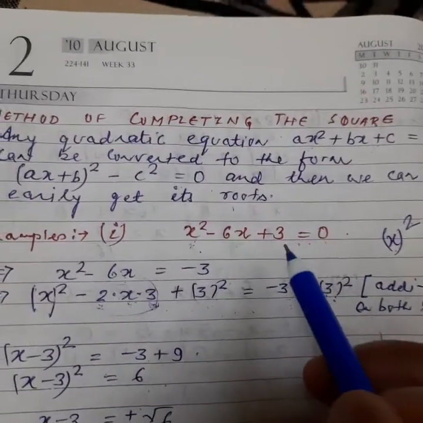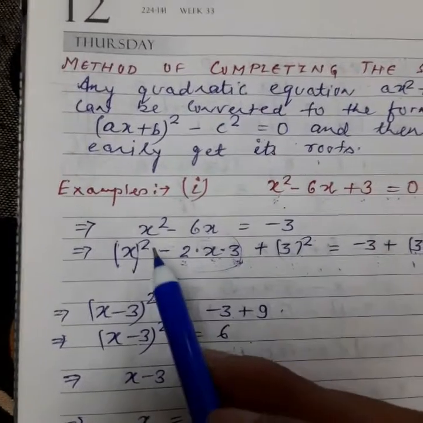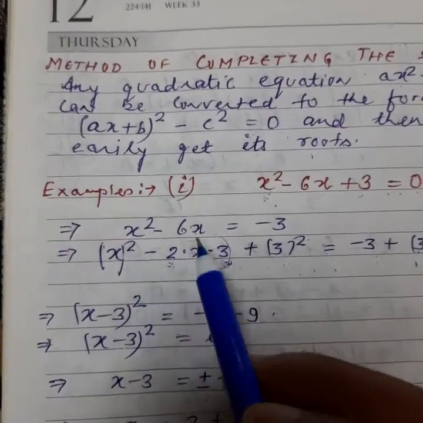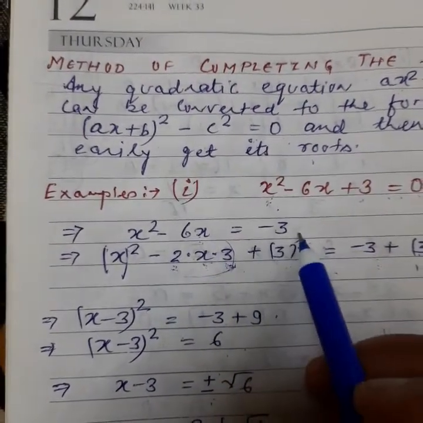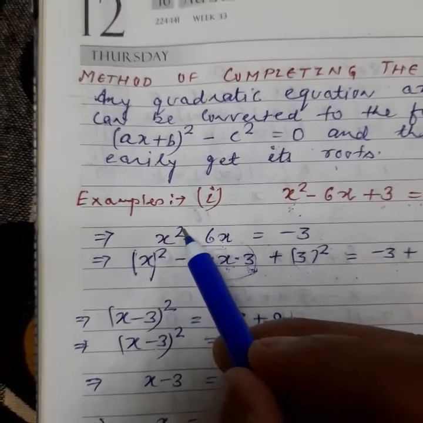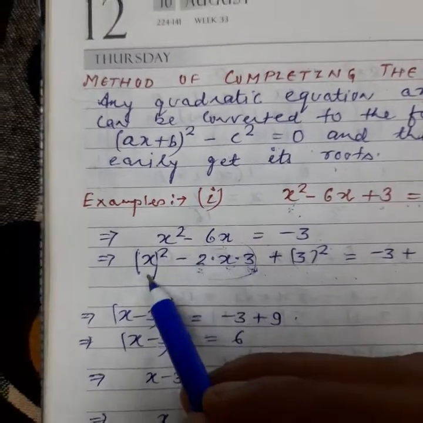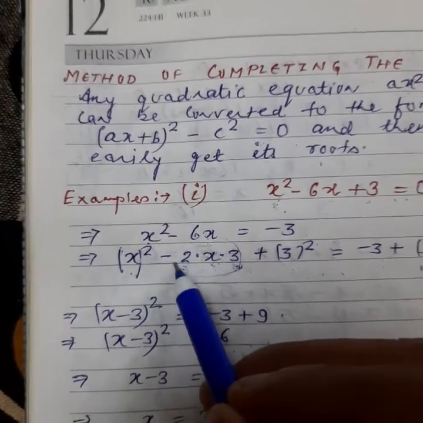So let's take this plus 3 to the RHS side. Then our equation will turn into x square minus 6x equals minus 3. Now as I said, this x square term will be written in the form of a square, that is x whole square, minus.